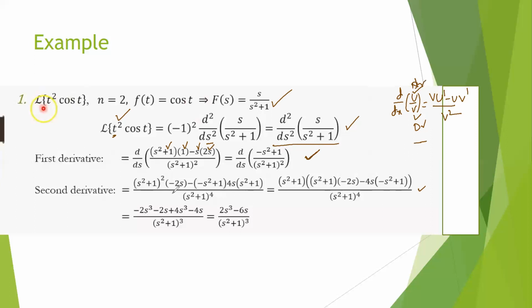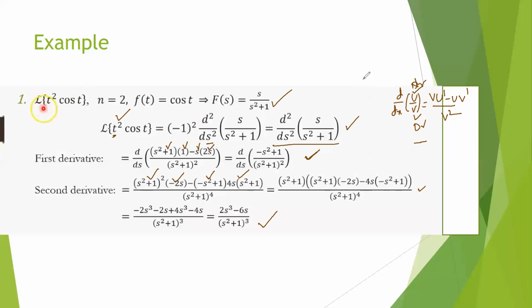Therefore, v into u dash minus u into v dash divided by s square plus 1 whole square is done. Right? So s square plus 1 whole square becomes whole power 4. So after simplification, we are going to have 2s cube minus 6s divided by s square plus 1 whole cube.